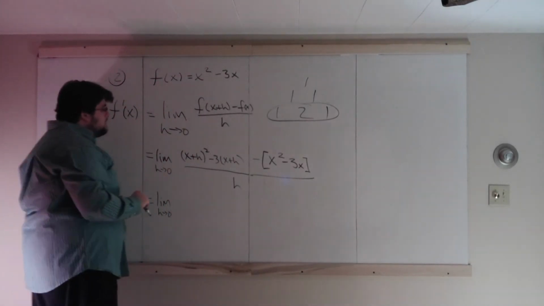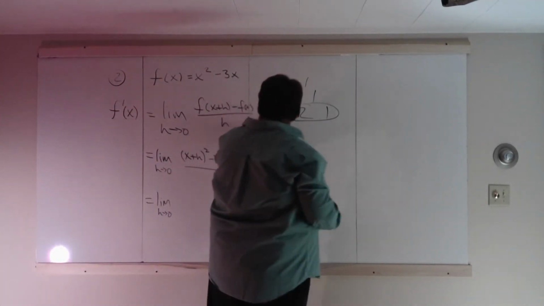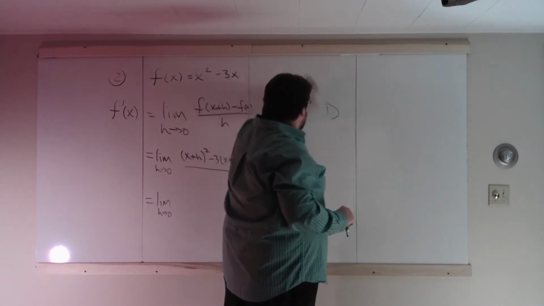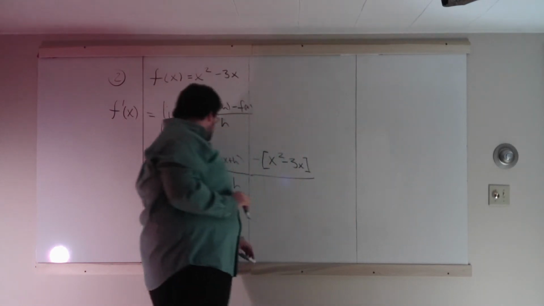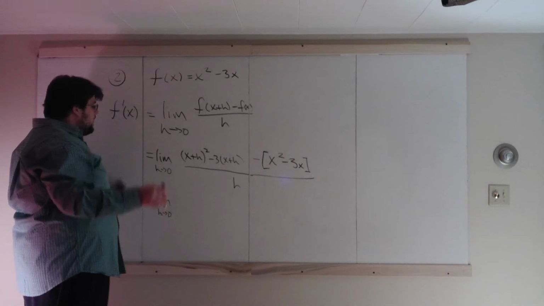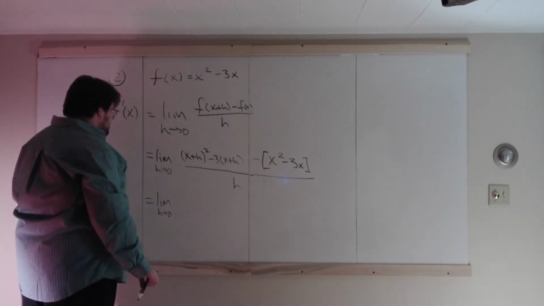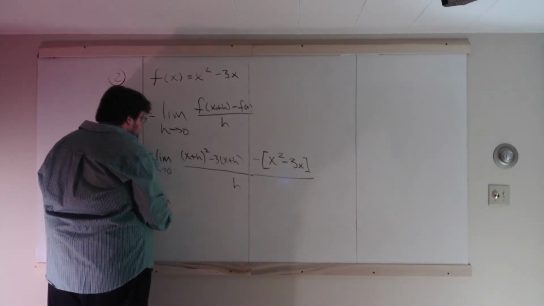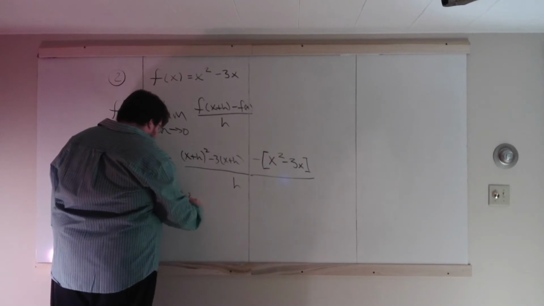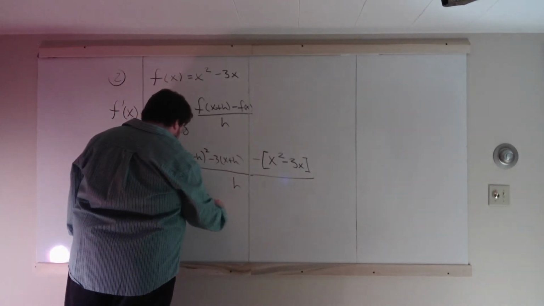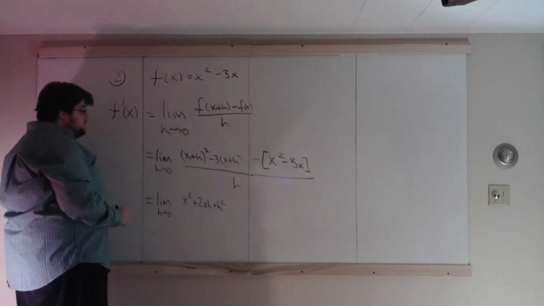Or you could just remember the squaring a binomial formula. So we have x squared plus 2xh plus h squared. Well, that's just this part.